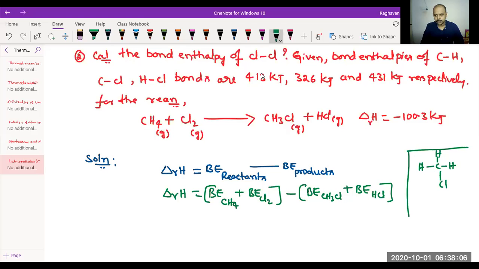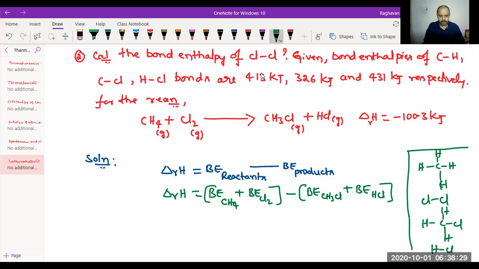Correct? In Cl2, there is 1 Cl-Cl bond. The equation is balanced. No need to balance also. And in CH3Cl, there are 3 C-H bonds and 1 C-Cl bond. And HCl has 1 H-Cl bond, right?